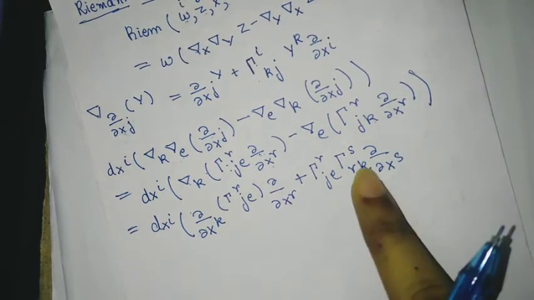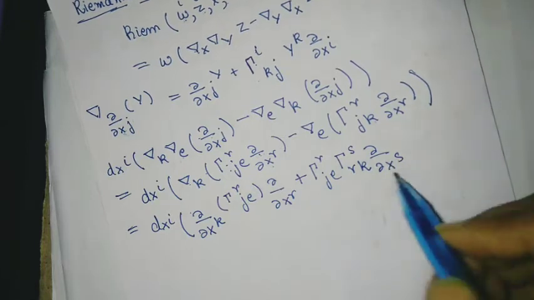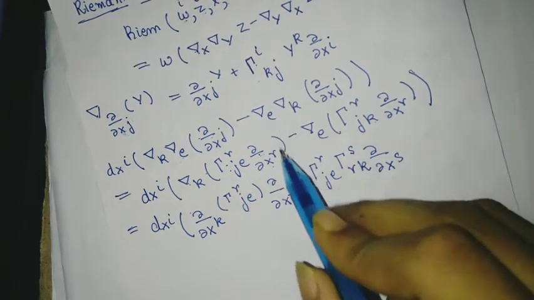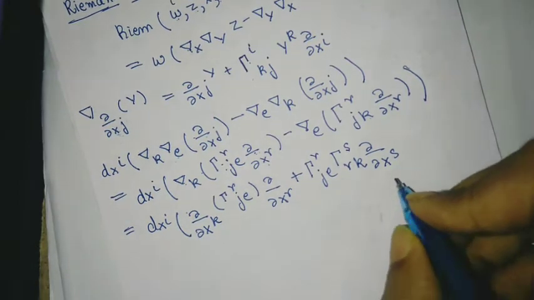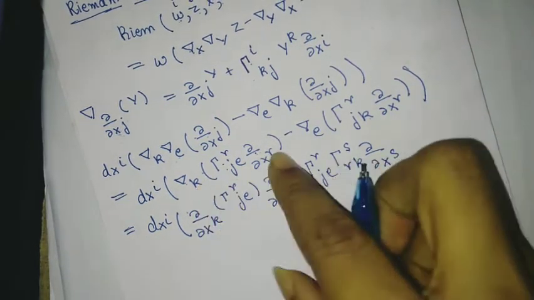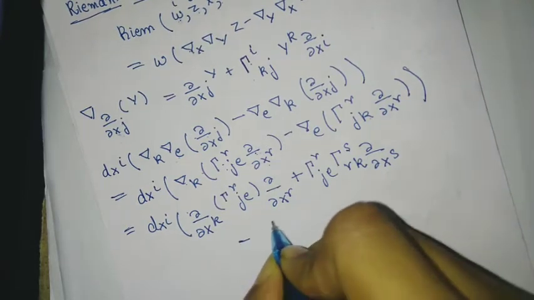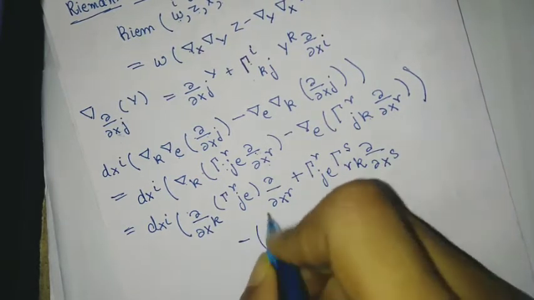Okay, and there is a summation convention implied by all the up and down indices, the Einstein summation convention. So this is this entire term minus I have to evaluate the second term.